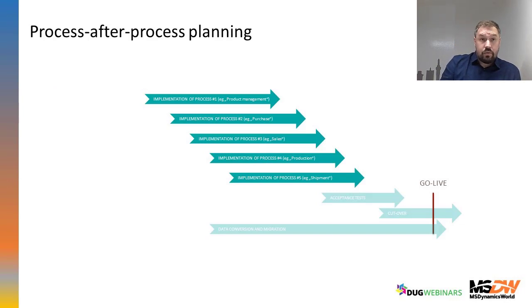The second tool is process after process planning. Process after process planning means that on all projects there are several processes which make the whole picture. And in these processes, usually there is a logical sequence. For example, I have process number one, product management.